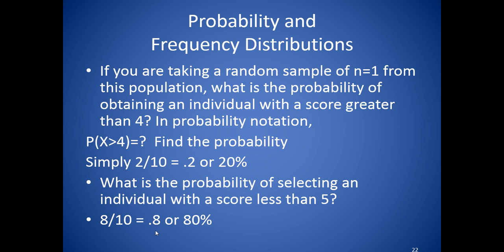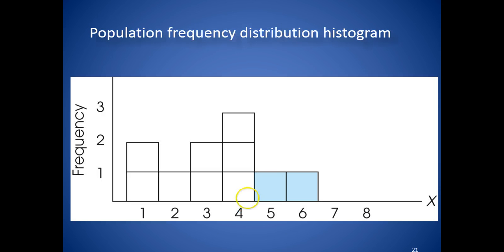What about the last question here? What is the probability of selecting an individual with a score less than 5? Well, if we go back again to our frequency distribution histogram, the people who scored less than 5 are all of these people before 5. So those who scored 1, 2, 3, and 4. So these are 5, 6, 7, 8. There are 8 individuals who scored less than 5.